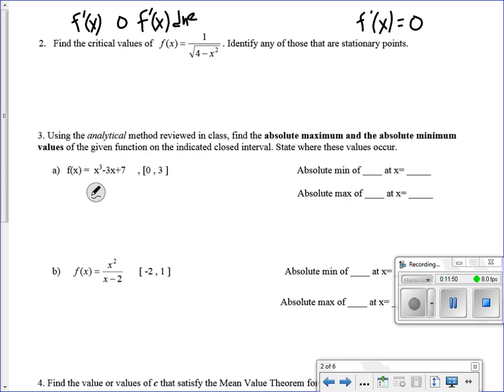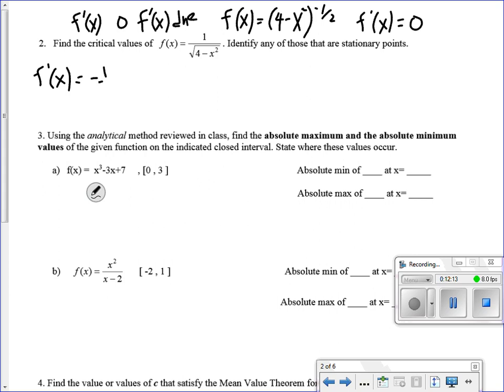Okay, so we got to get the derivative. If you take the derivative, you want to first rewrite it, unless you want to play around with the quotient rule, you'd want to rewrite this as 4 minus x squared to the negative 1/2. So now getting the derivative, we'll use the chain rule.